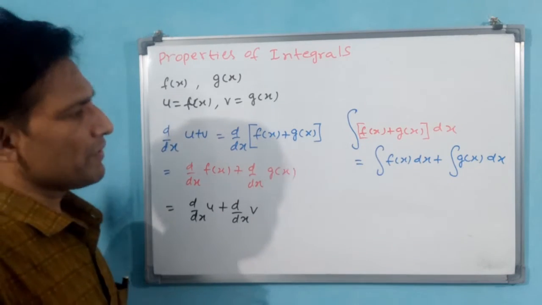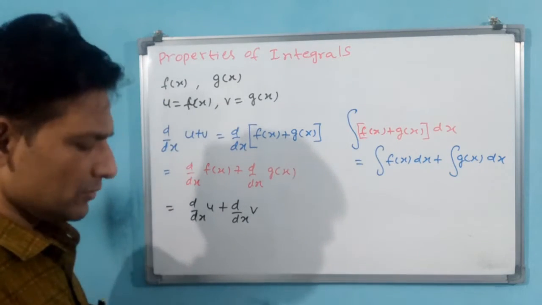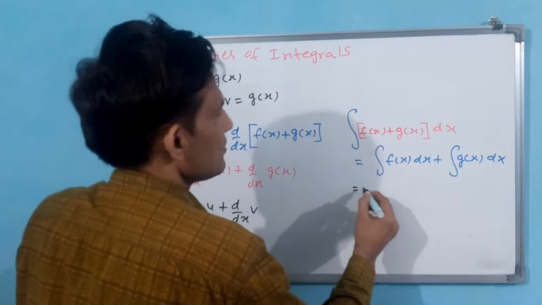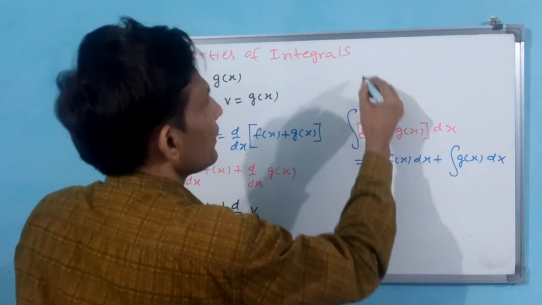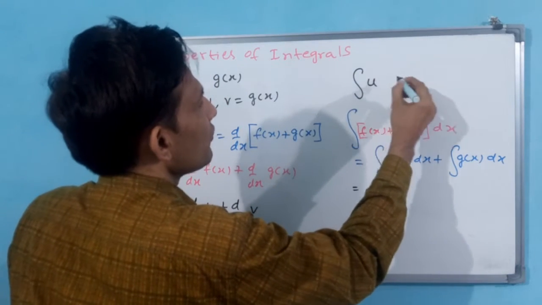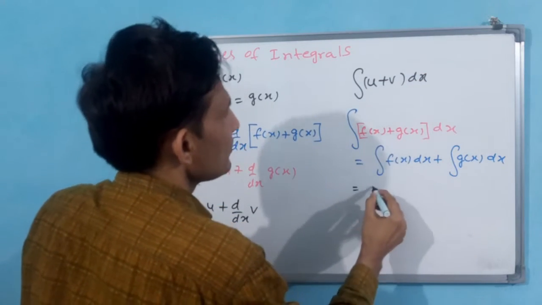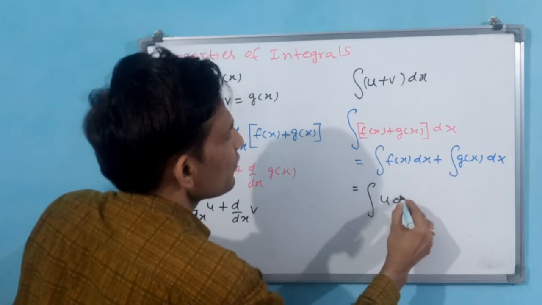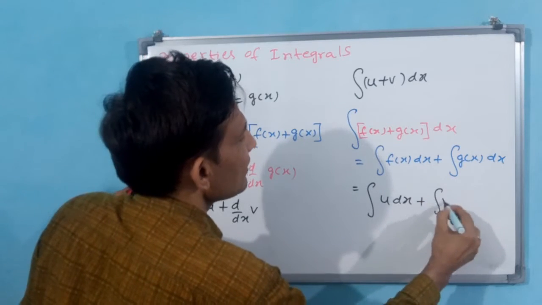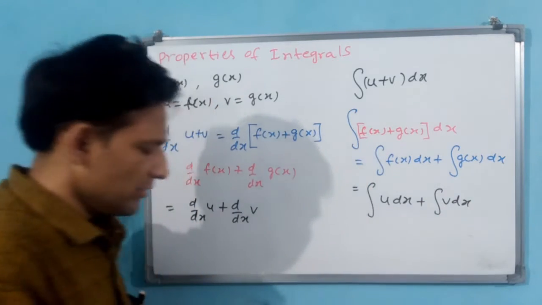f of x plus g of x. Shall we write like this also? The integral of u plus v dx is equal to the integral of u dx plus the integral of v dx. Is it okay? Why?